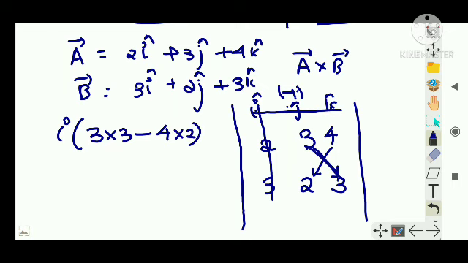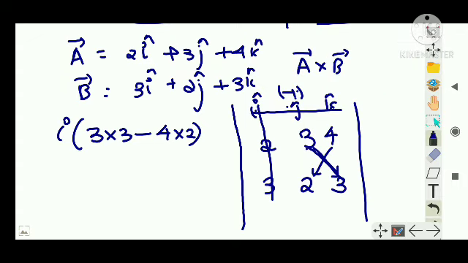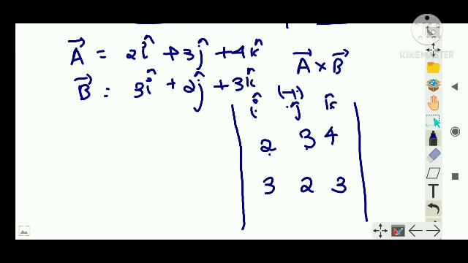From right to bottom, then from left to bottom. Clear? Now I'm going to remove this one. I'll write it again because I cut it down. So what was with i was 3 into 3 minus 4 into 2, right?